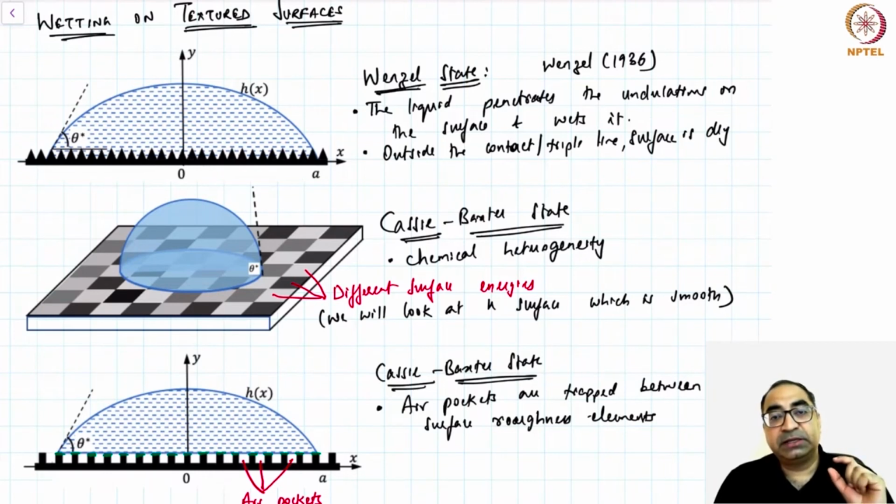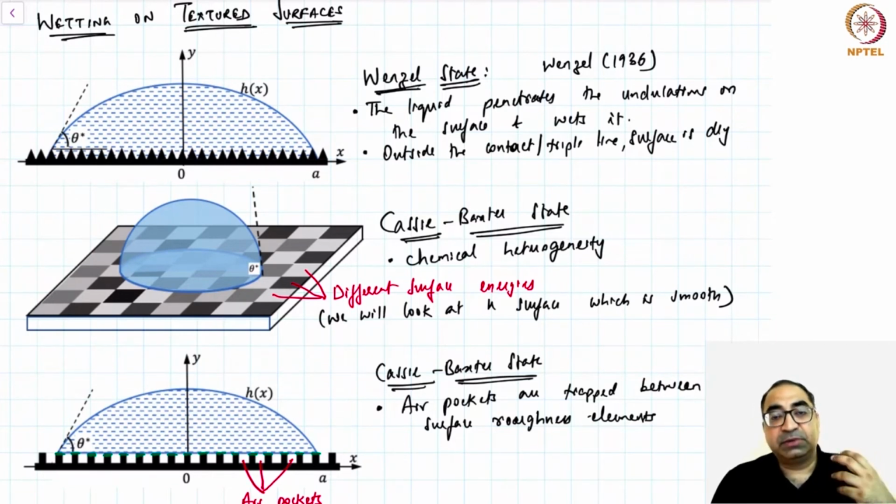And finally, the third case which we have to look at is the case where the droplet is actually supported on tiny pillars, and between the droplet and the pillars air is entrapped, and that's what we're looking at in today's lecture.